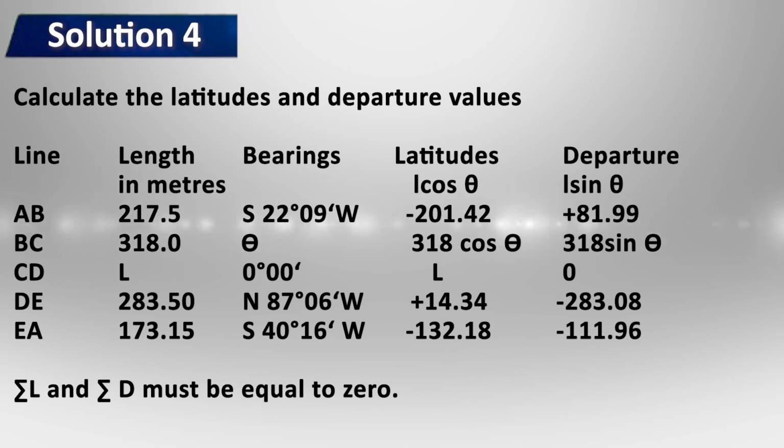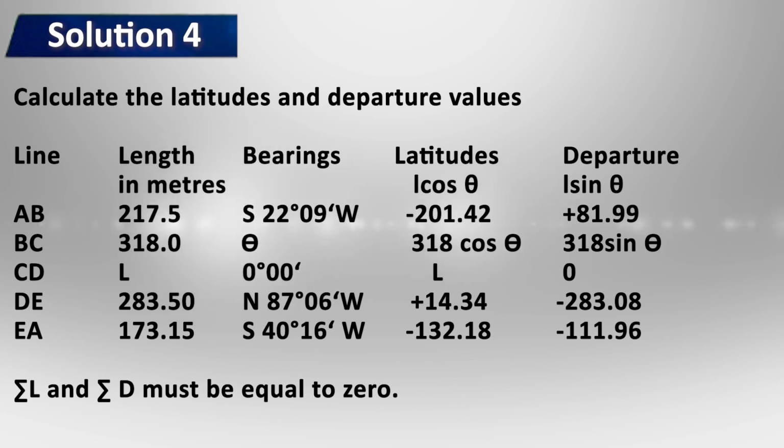The latitude of AB is equal to 78.2 into cos of angle 39 degrees 48 minutes. It is equal to 60.08 meters towards south.